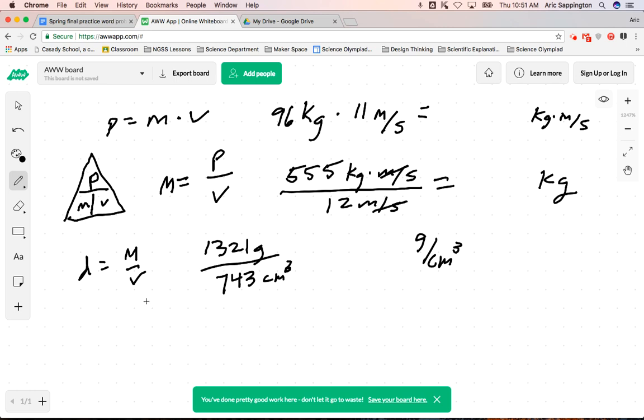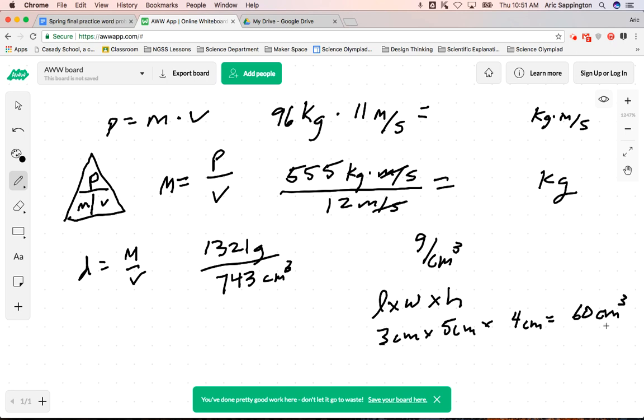All right, we have another density problem. However, on this next one, we're going to have to figure out the volume using the rectangular prism equation. So length times width times height. And we're dealing with 3 centimeters by 5 centimeters by 4 centimeters. And so a centimeter times a centimeter times a centimeter is going to give us 60 centimeters cubed.